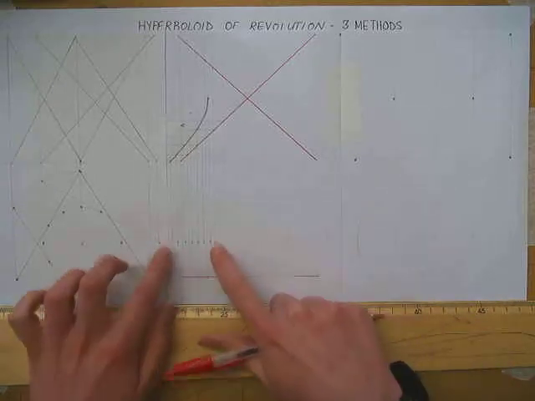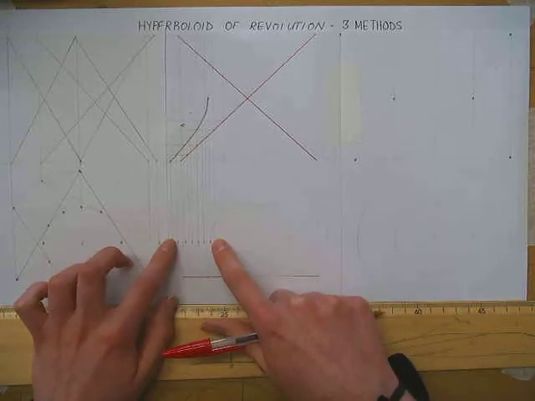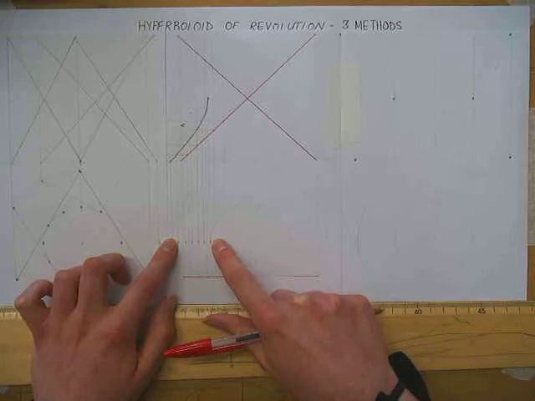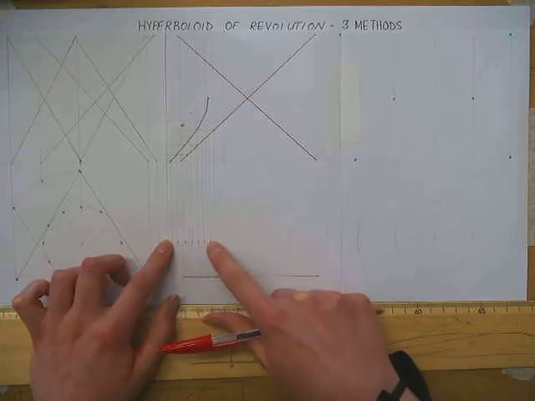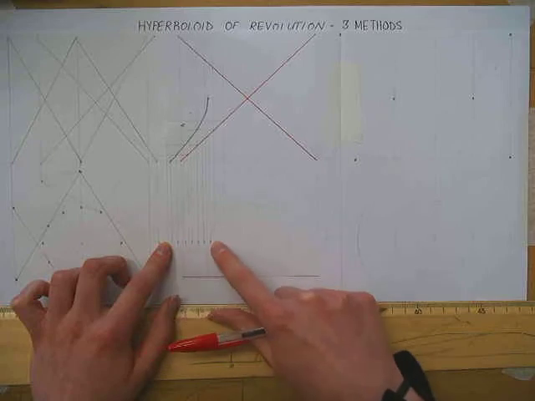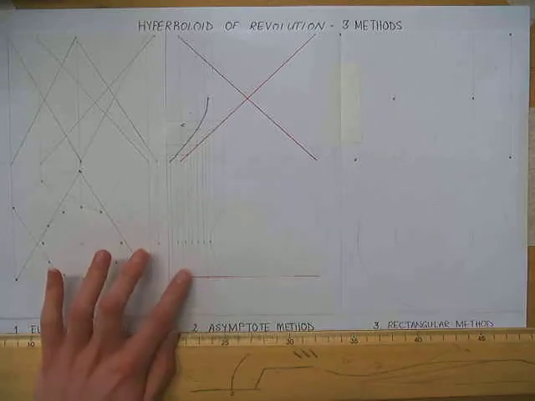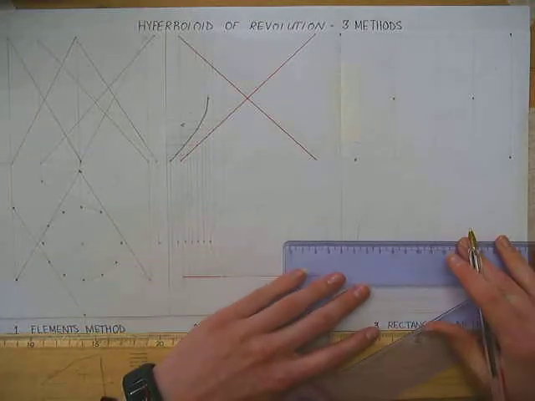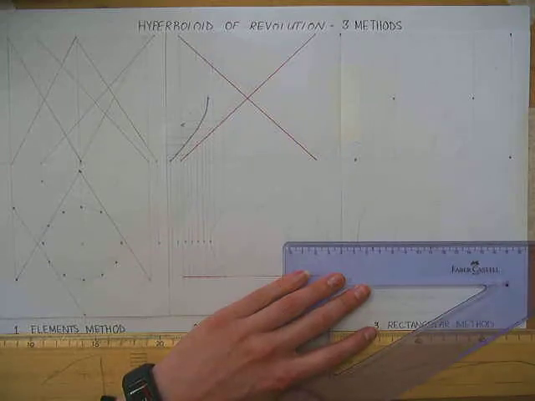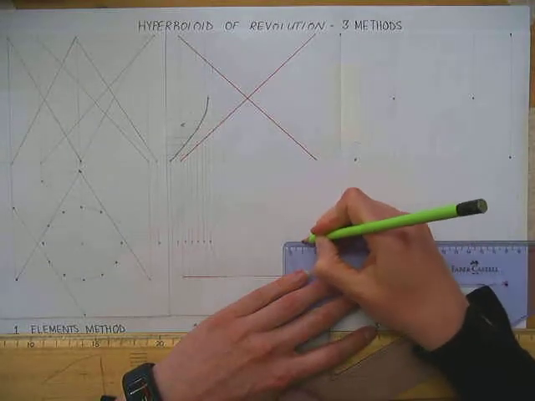In your base circle, the distance between your throat circle and your base circle is 30. We need to divide up this space evenly. I've chosen to do a measurement of 5 millimeter spacings, and I get 6 of them. I'll show you on the opposite side. So again, it's 30, so do 5 millimeter spacings.